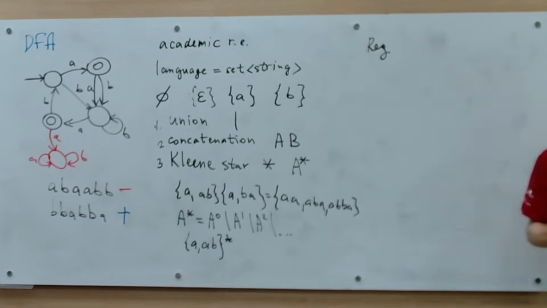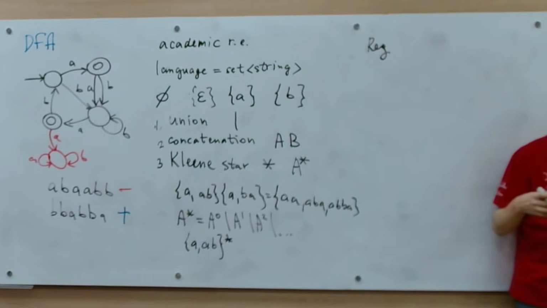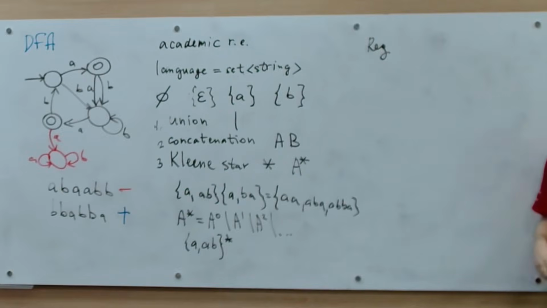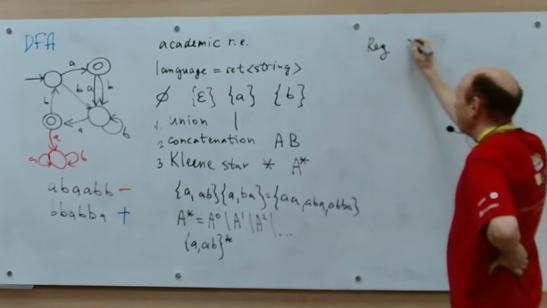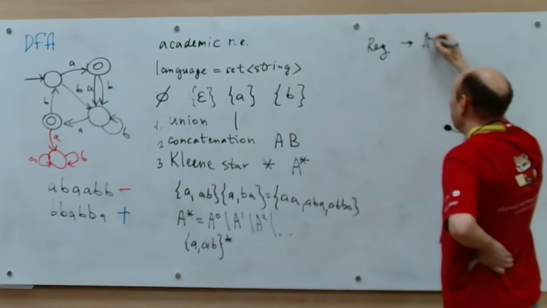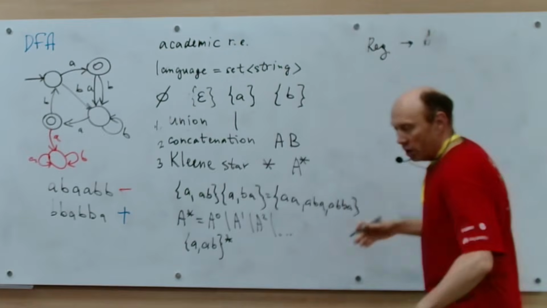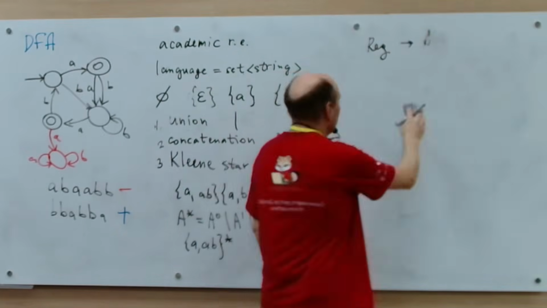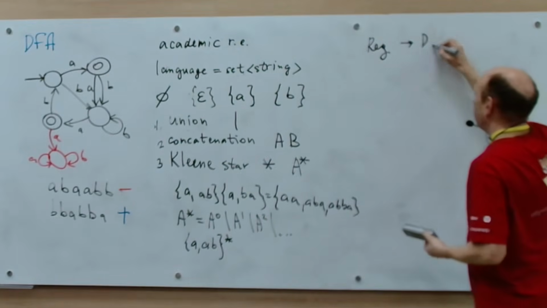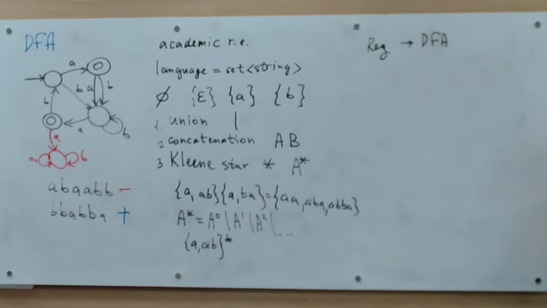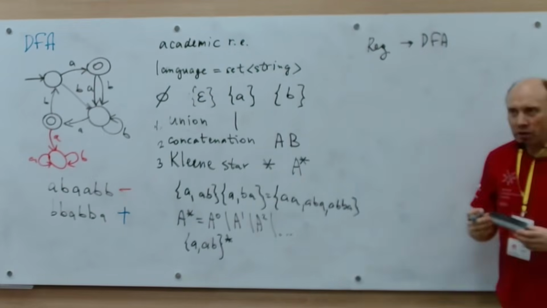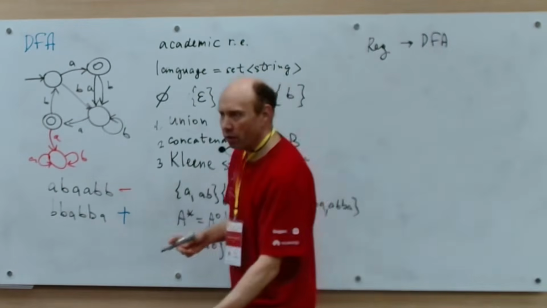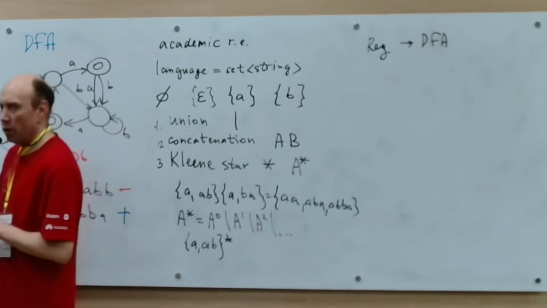Actually, we will sketch the proof. We will give more details to the algorithms beyond this proof than to the mathematical proof. That actually for every regular language there is a DFA. And as I told you, we will try not to just prove it, but we will give the algorithm. Why would we do that?